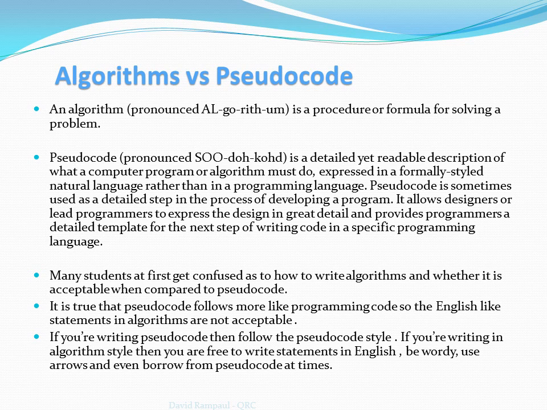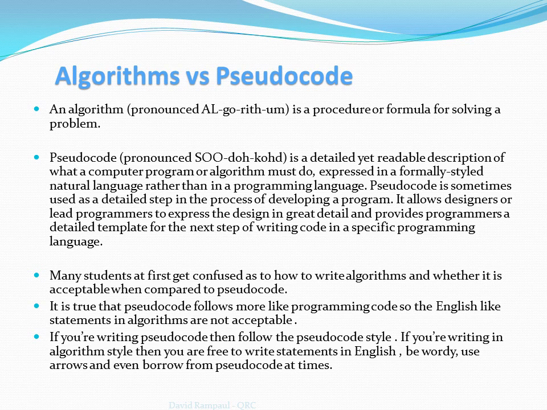So pseudocode is a detailed yet readable description of what a computer program or algorithm must do, expressed in formally styled natural language rather than in programming language. Pseudocode is sometimes used as a detailed step in the process of developing a program. It allows designers or lead programmers to express the design in great detail and provides programmers a detailed template for the next step of writing code in a specific programming language.